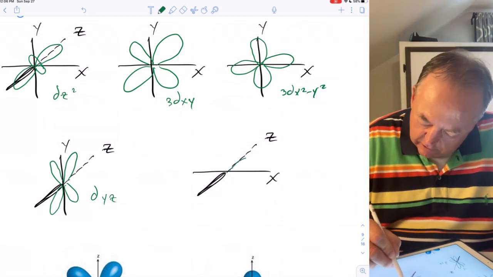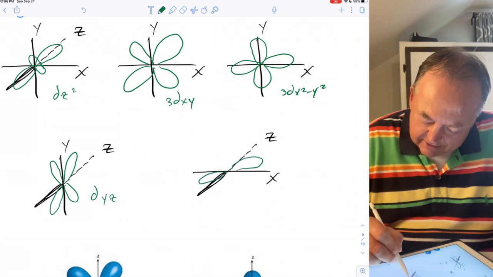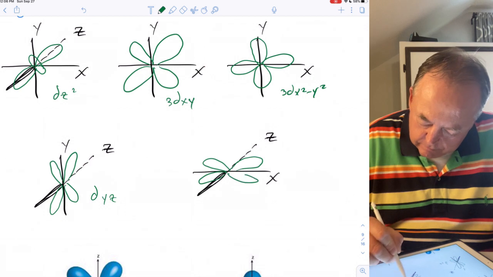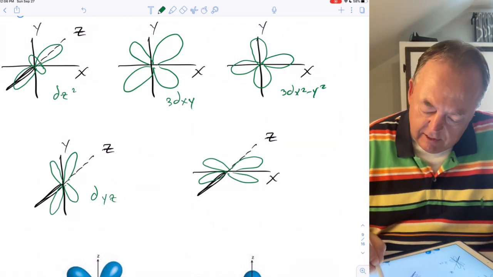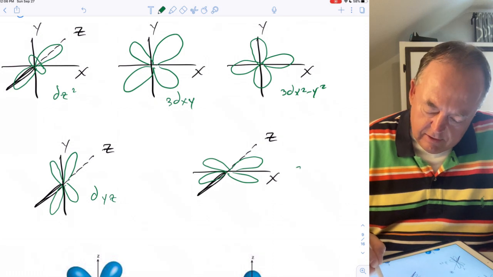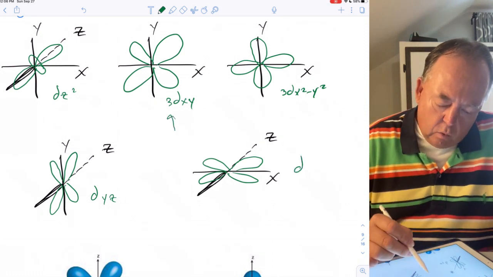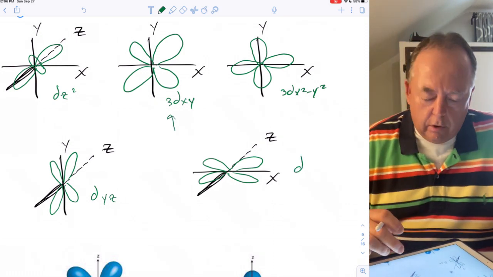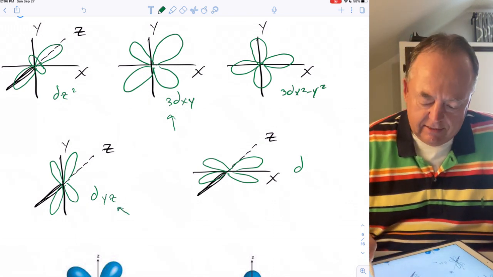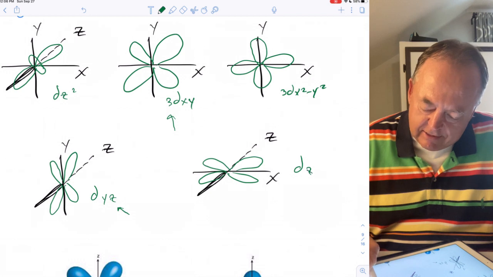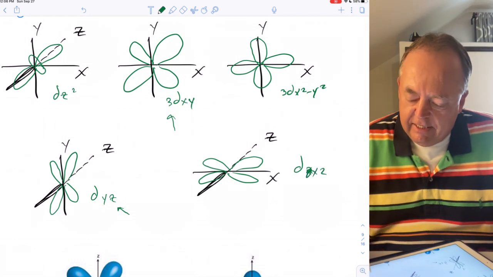It's another clover leaf, but it's in the xz plane. So it's like 2 dumbbells squished together to make a clover leaf. And what do you think that one's called? Well, this one's called dxy, 45 degrees off the xy axis, and this is called dyz, 45 degrees off the yz axis. This one's called dxz.